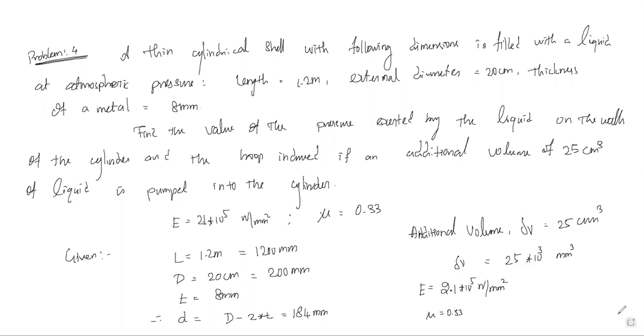So let us move on to the solution part. Here we have to find out the internal pressure P, and the hoop stress sigma 1 is equal to what? That is our calculation part. First we move on to the formula, that is volumetric strain, change in volume by original volume.